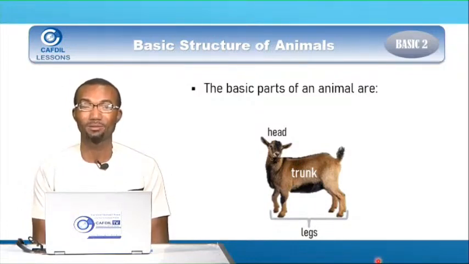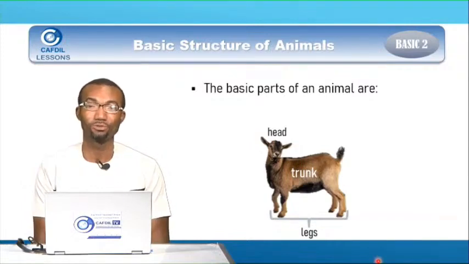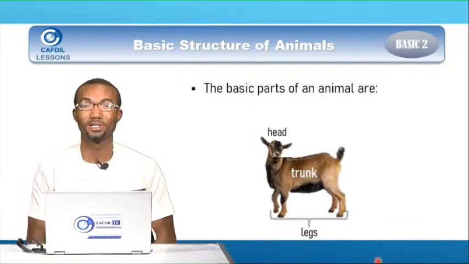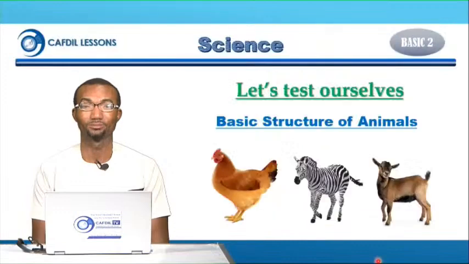We have animals with 4 legs. We have 2 at the front and 2 at the back, called hind legs. And they use them to move. They move to find food. They move to find water. They move to find a place to sleep. So these are the basic parts of an animal.